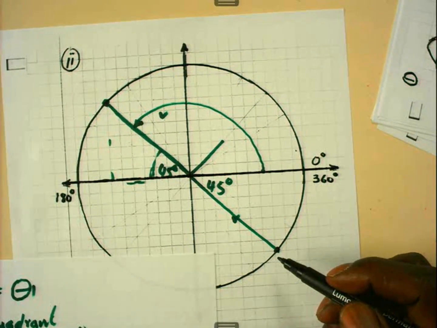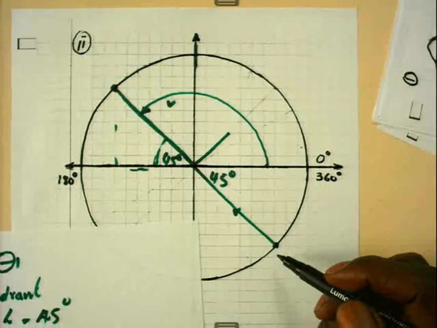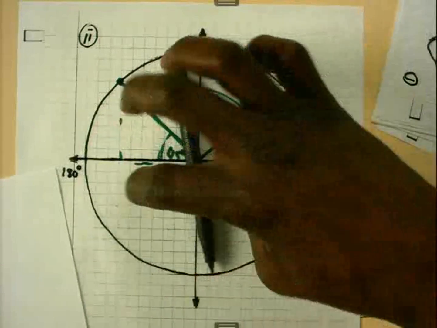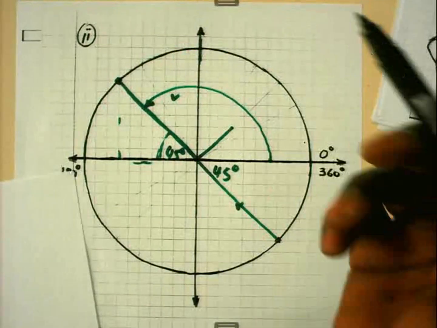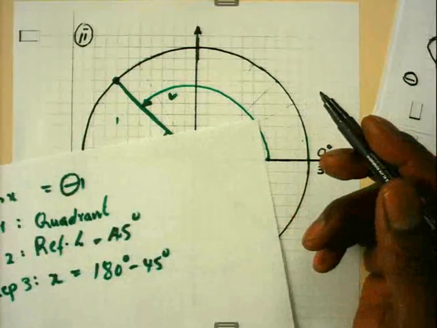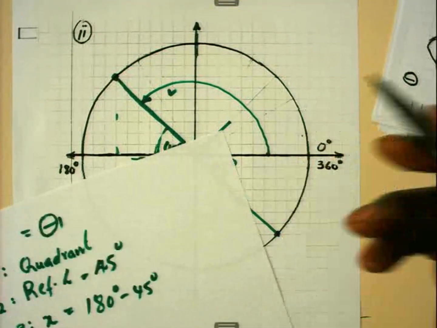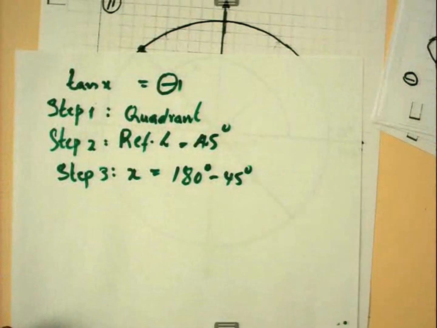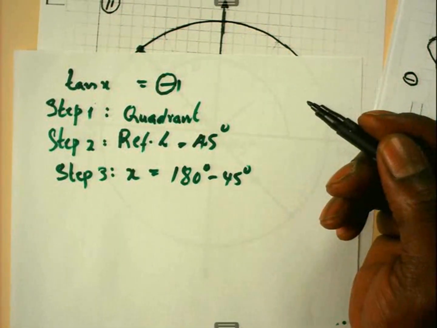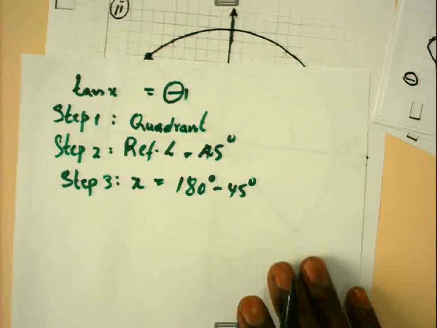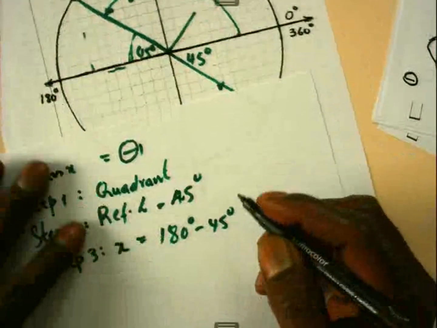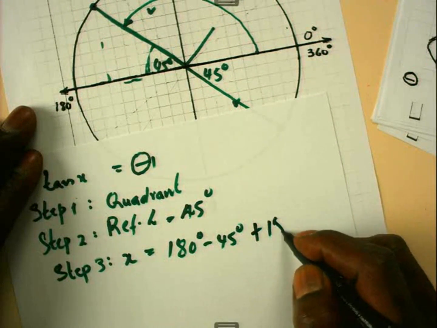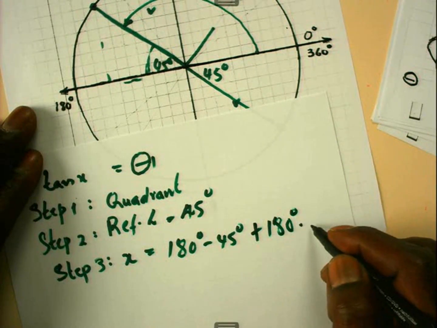That happens after how many degrees? I was here and I've rotated up to there. That happens after 180 degrees. In the case of sine and cosine, we had to rotate for 360 degrees, and in this case, we just rotate 180 degrees. Therefore, the general solution will be 180 degrees times n.